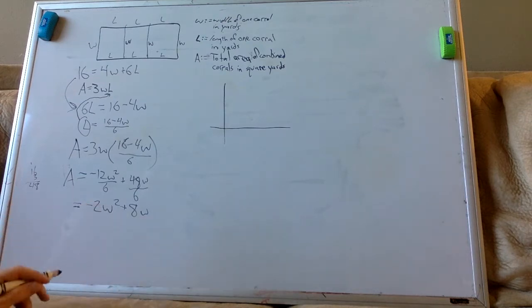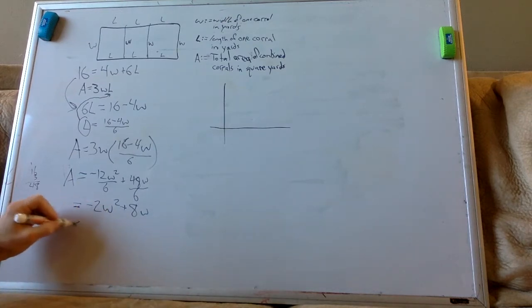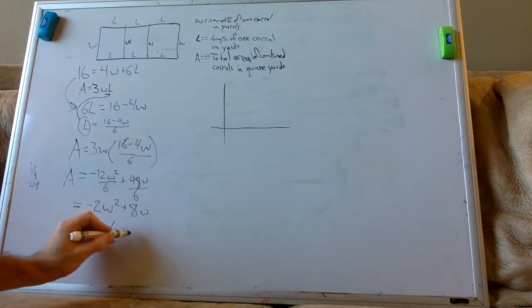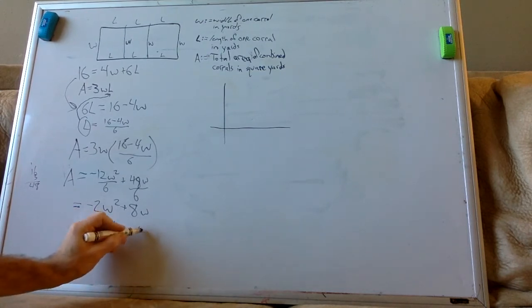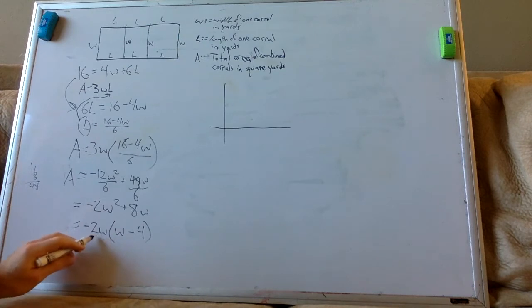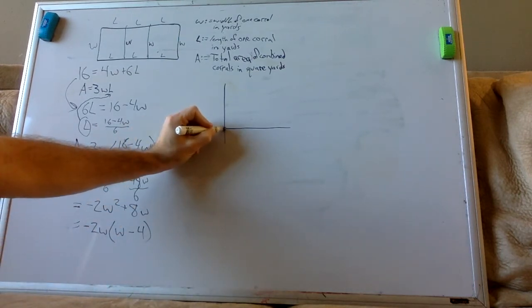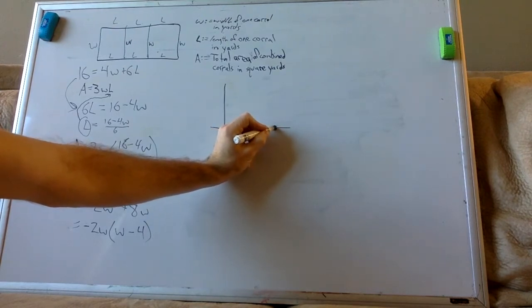I can do the same here. If I factor, I can pull out a negative 2W, so I get W minus 4. So I know at 0 and at 4, I have zeros.